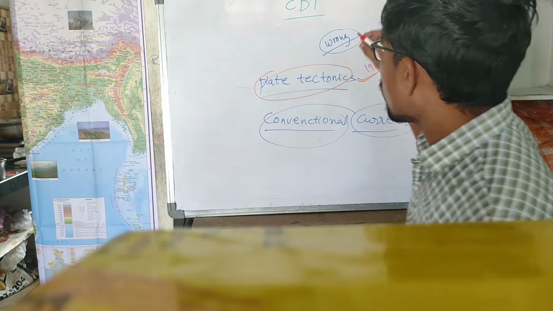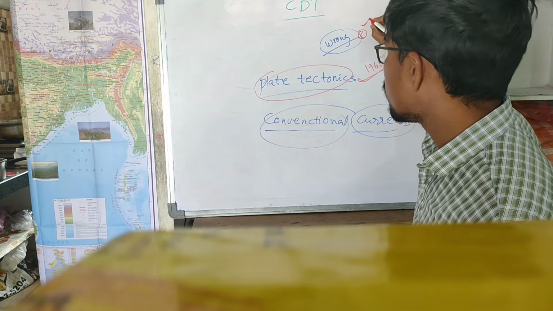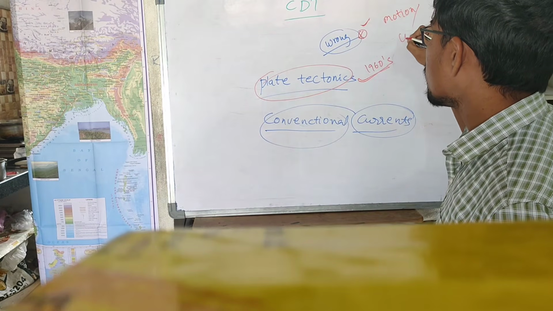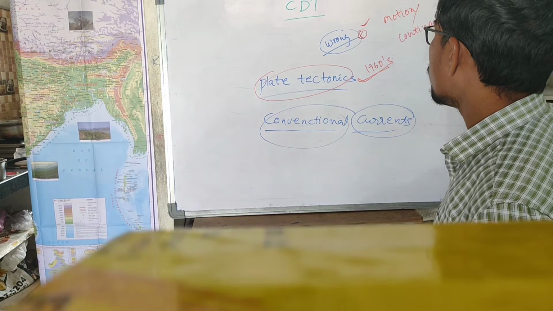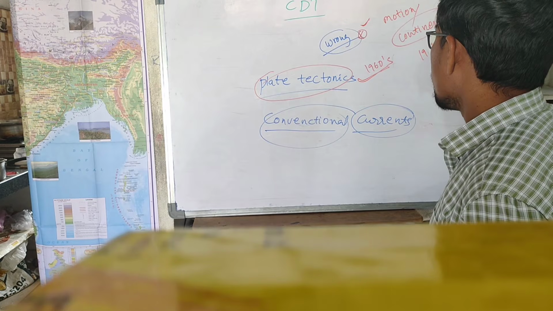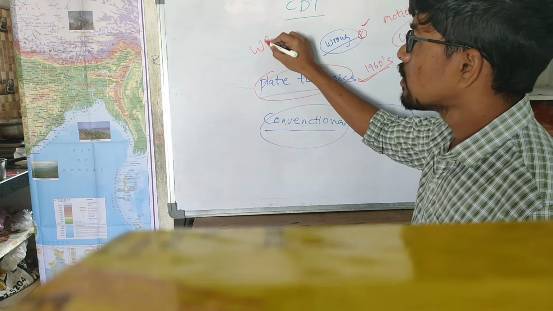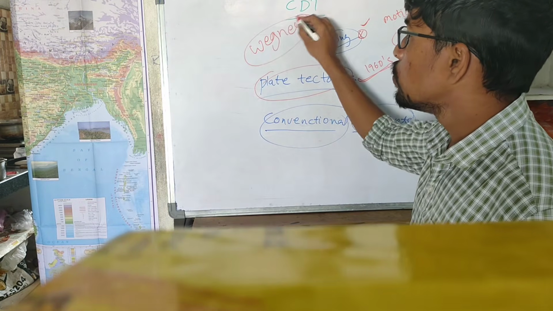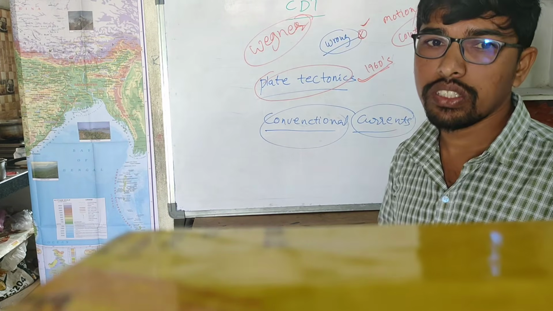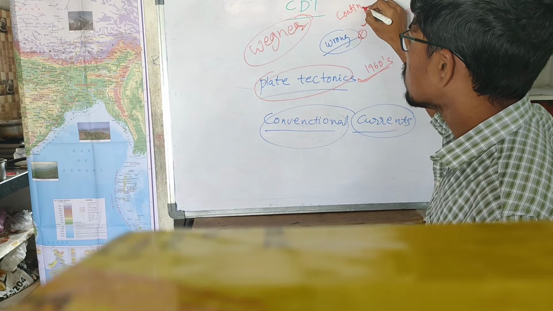This theory was somewhere wrong, but it was the first concept explaining the motion of the continents. That continents are moving was given in the early 1900s by Wegener only. This was the theory which led the remaining scientists, geographers, geologists and meteorologists to think that the continents are not stable.